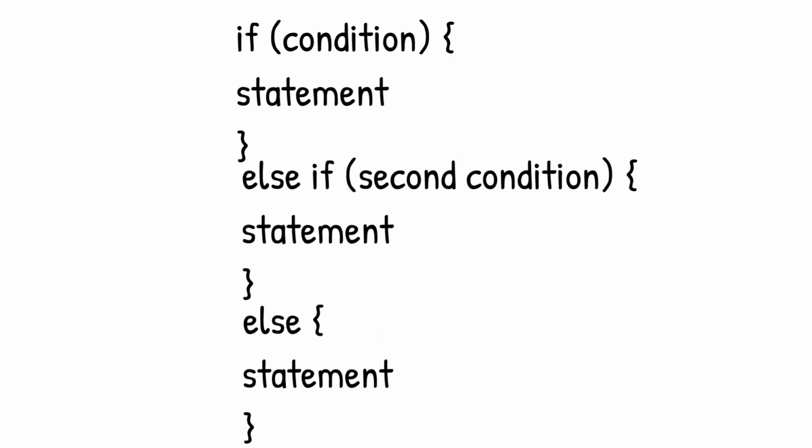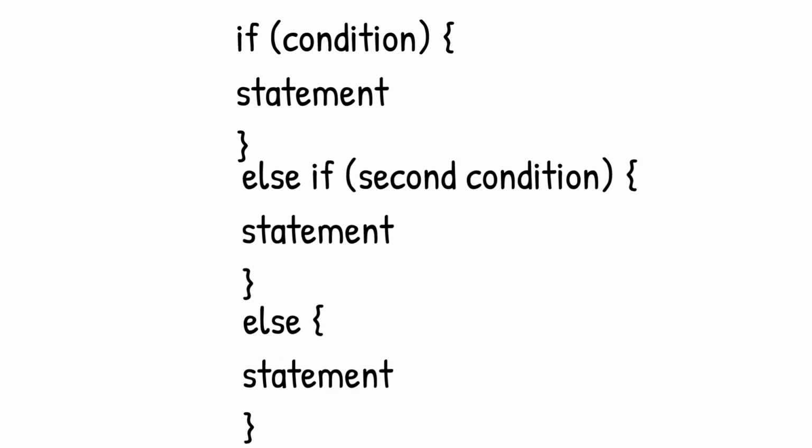If it's true, it will execute the statement under else if. And if both if and else if are not true, then the else part of the code will be executed. So first if will be checked, then else if, and then else.